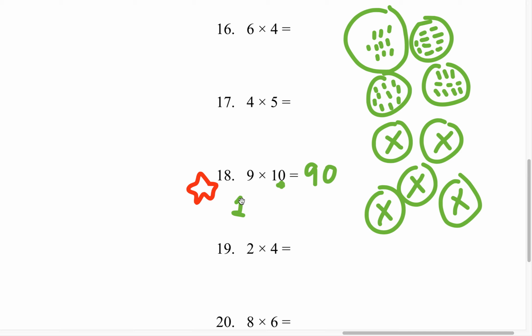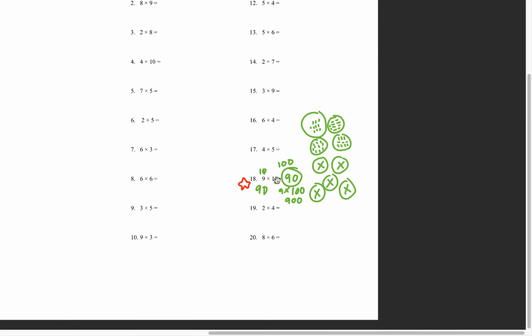For example, 9 times 10 is 90, but 9 times 100 is 900. Those two zeros go in there. And this works for 10 times 10, that's 100. You combine those zeros together. That's the base 10 rule.